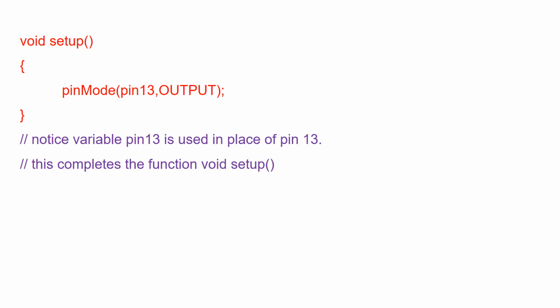Next line, put the closed curly brace. Notice variable pin 13 is used in place of pin number 13. This completes the function void setup.